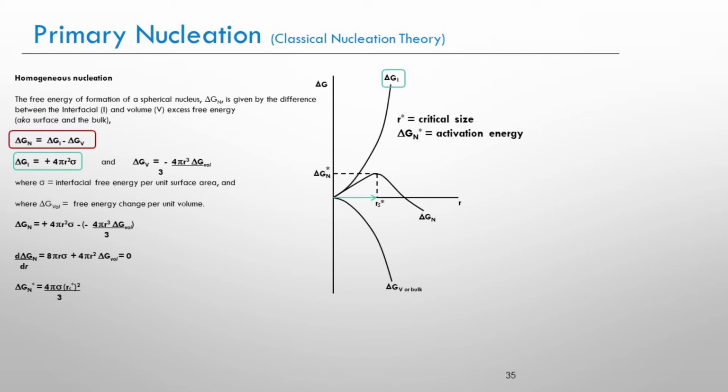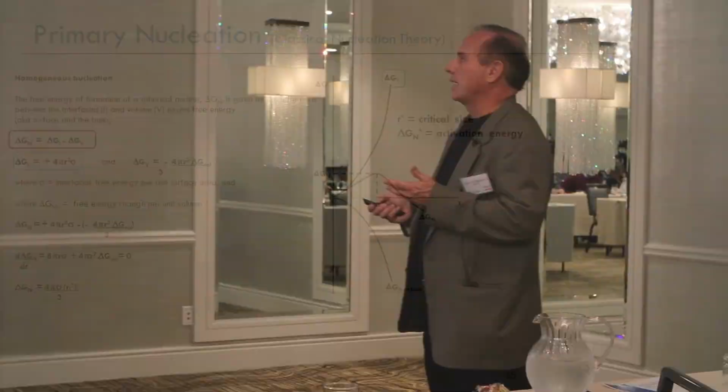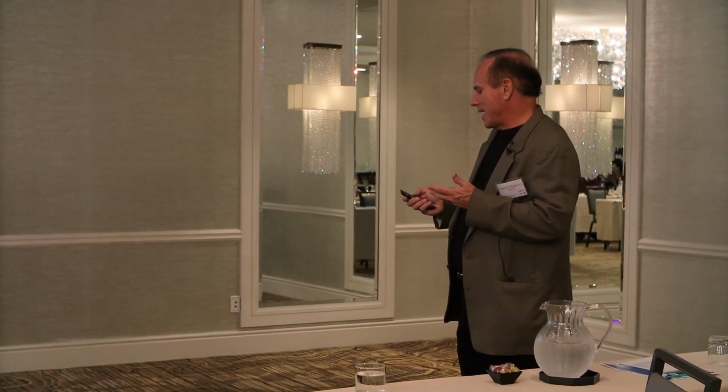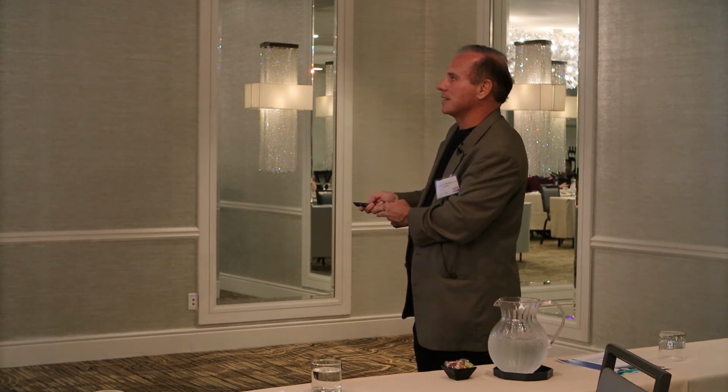But I'm just going to boil it down to, when it comes to polymorphism, it's all about nucleation and getting different conditions and getting forms to nucleate. And the classic nucleation theory, there are other nucleation theories out there, density fluctuations and the like, but to be honest, it's still one of the most practical descriptions of nucleation processes.